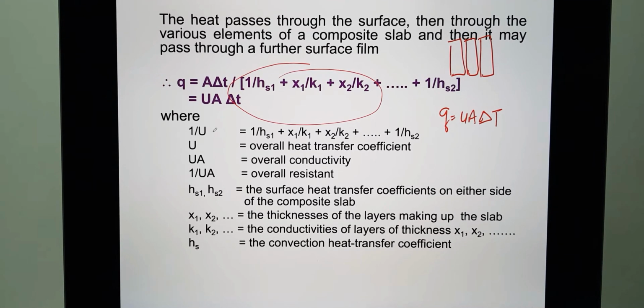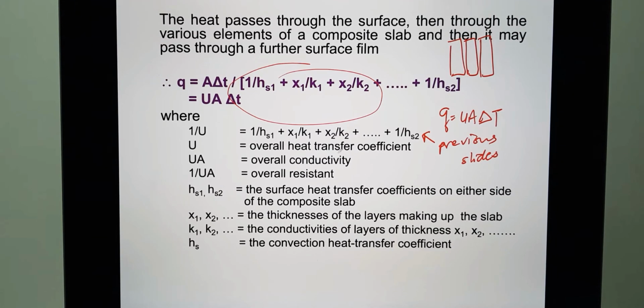Alright, so 1 over U is equivalent to 1 over HS1, the one that we have mentioned in previous slides. Okay, please look at the previous slides. U is the overall heat transfer coefficient. Because right now we are going to deal with several composite slabs, we are no longer dealing with a single slab.